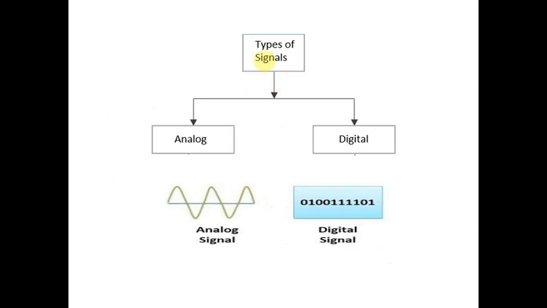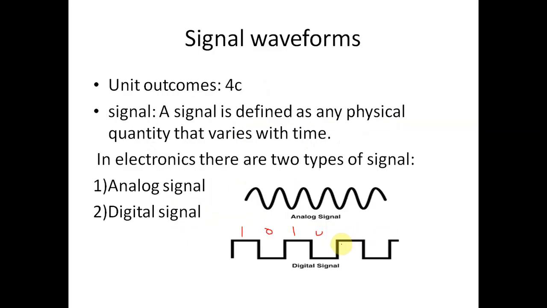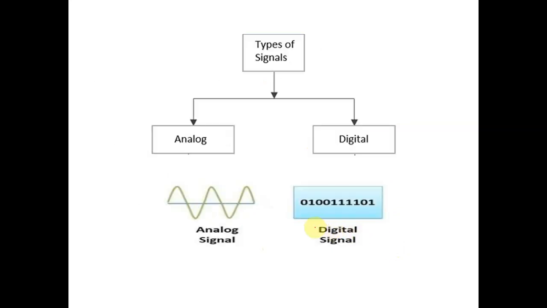This is the tree diagram of types of signal. There are two types of signals, analog signals and digital signals. Analog signal is represented as a sine wave and digital signal is represented in this fashion, in the format of 0 1 0 0 1, four times 1, four times 0.